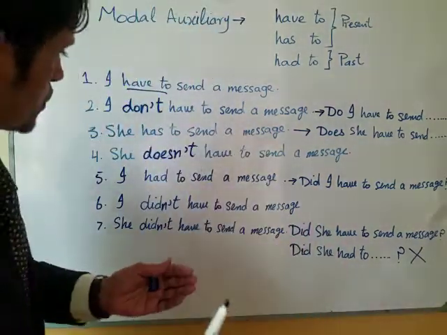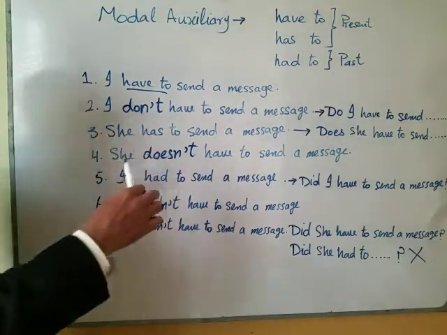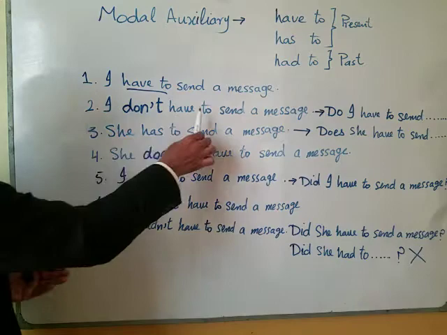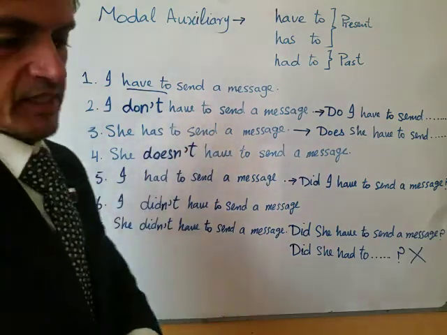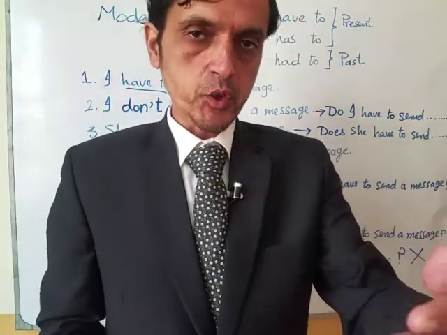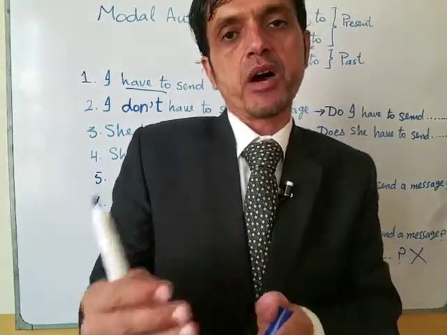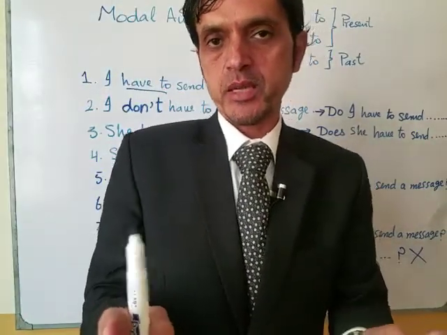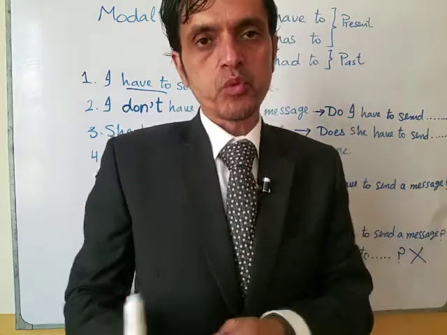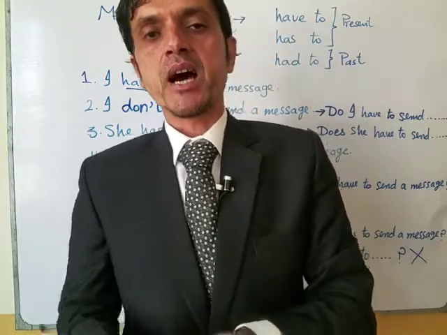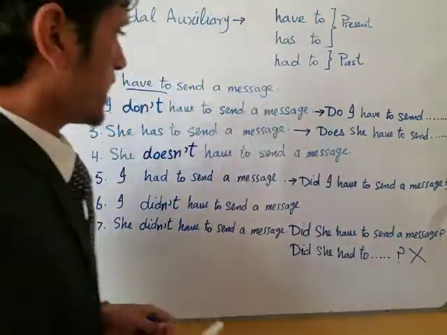So in the case of negative we will say I don't have to send a message. I will not say I not have to send a message because that's wrong. We will bring the auxiliary don't. So we will say I don't have to send a message.